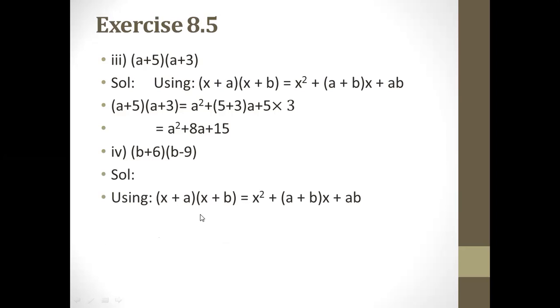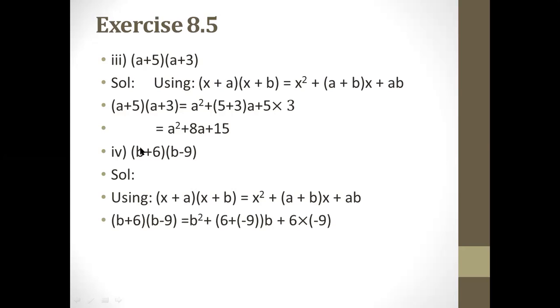Again, in every question I wrote the formula that you will memorize: the first bracket multiplied with the second bracket, the first term square, plus the sum of the second values of both brackets multiplied with x, and then the multiplication of both brackets' second values.